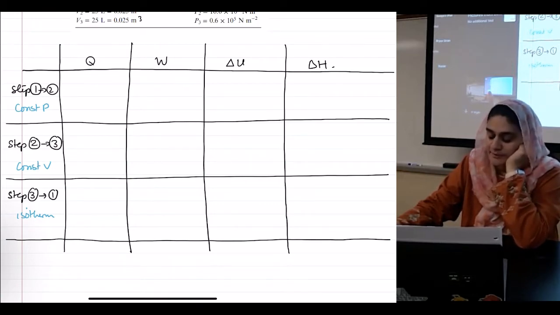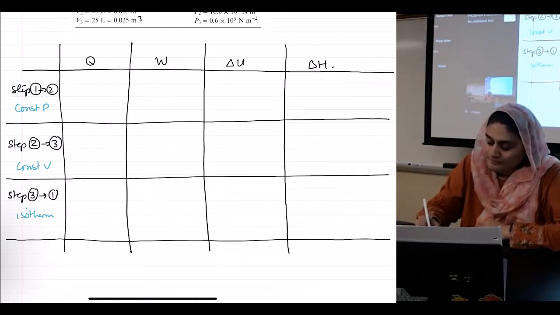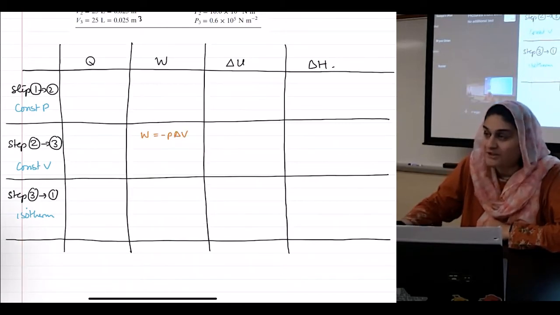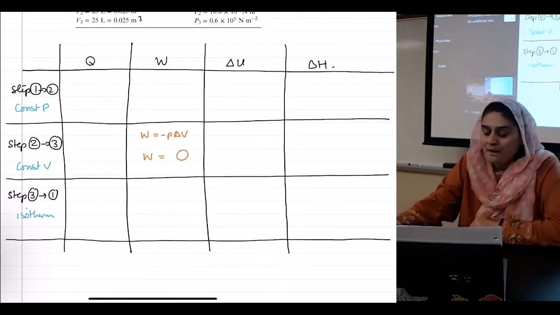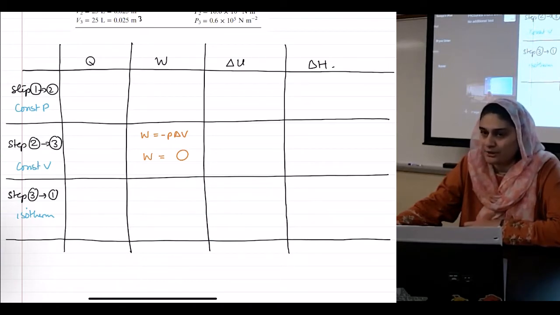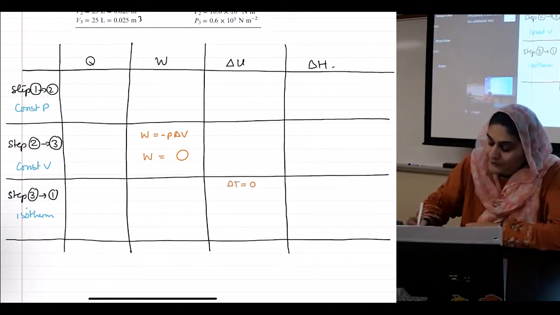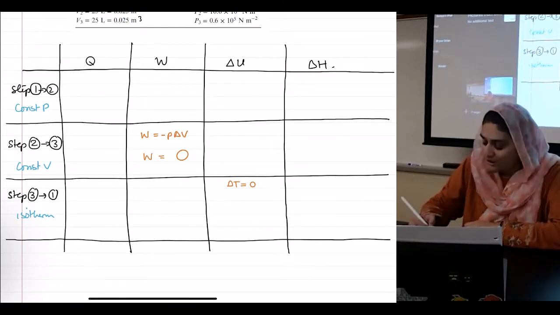Okay, what can you tell me about the constant volume step for W? Why? If constant volume, work must be zero. What can you tell me about the isothermal step of delta U? Isothermal means what? If the change in temperature is 0, what can you tell me about U? Must also be 0.